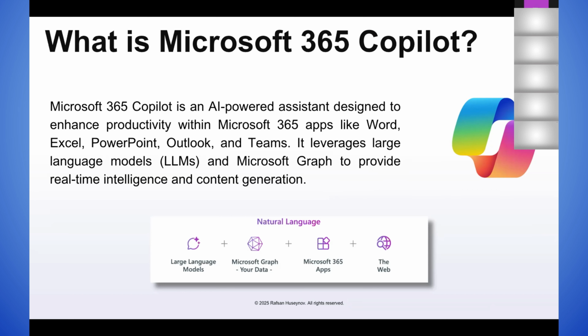But M365 Copilot uses Microsoft Graph and has access to your files, Teams, chats, everything. So whenever you ask something, and I will show it to you, it has access. It leverages the large language models and connects your data using Microsoft Graph. You can get access to that in Word, in Excel, and the same way in Microsoft Loop, I will show it to you. And also you can bring information from the web.